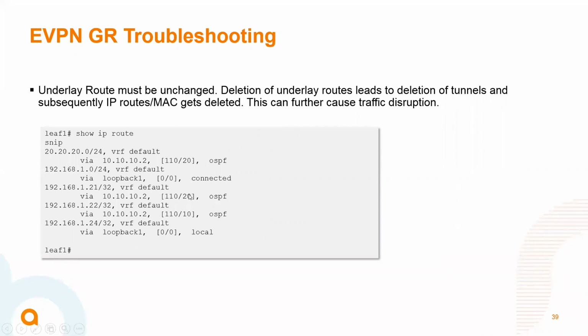If the deletion of underlay route happens, it means connectivity to the VTEP IP, the next hop, is lost, and hence subsequently it leads to deletion of all tunnels, then IP routes and MACs, everything gets deleted, and maybe it gets re-added as soon as the OSPF underlay comes up. But for this amount of time, you can see traffic disruptions. So maintaining the underlay route state is very important.